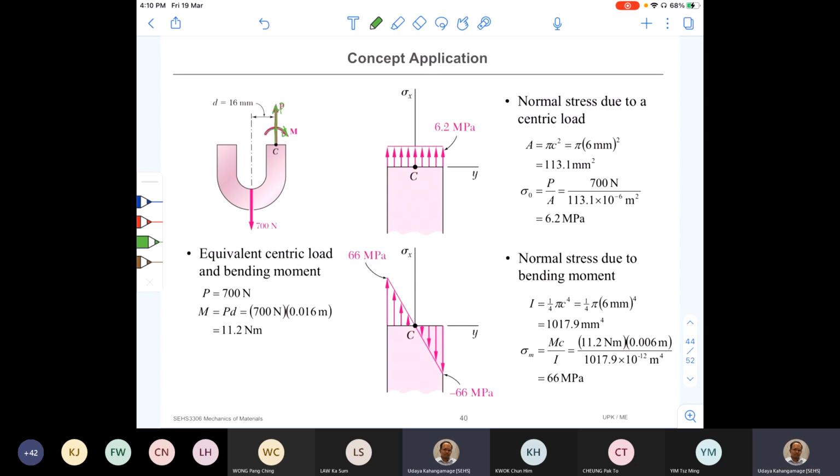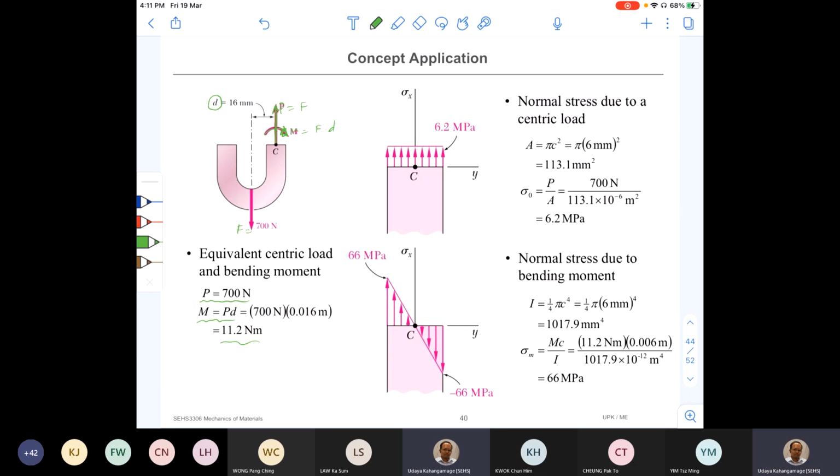Therefore, I need to apply a resistive couple inside the member, that is M. Now we know that this P, let's say this is F, should be equal to F. And this M should be equal to F times D, the distance between the two lines of action of the two forces. So P is equal to 700 Newton, and M is the force times the distance between the two lines of action of the forces. Therefore, I calculated the internal moment.